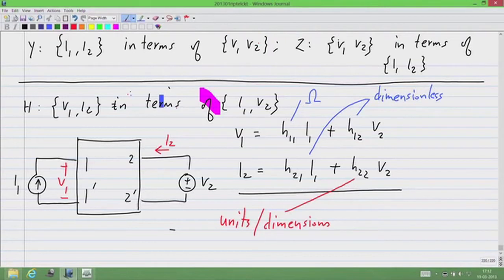H22 multiplies a voltage to give a current. This clearly has dimensions of conductance or units of Siemens. So the point is, in H parameters, the four different parameters have different units. That's why these are known as hybrid parameters.